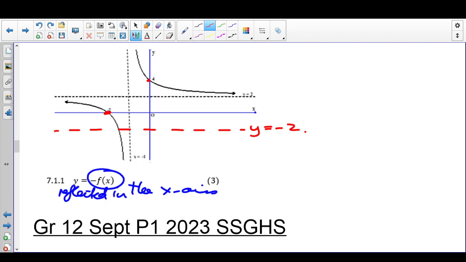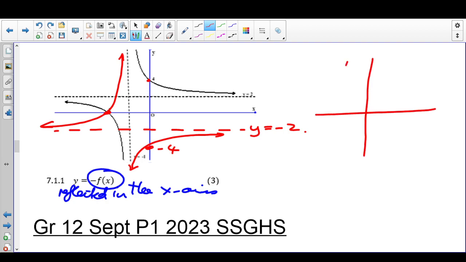This point here of 4 becomes negative 4. So there I can draw the graph. Enough information to draw this graph. So that's what the graph is going to look like. Okay, we just draw it on the side here. This x equal to minus 1. Y is equal to minus 2.